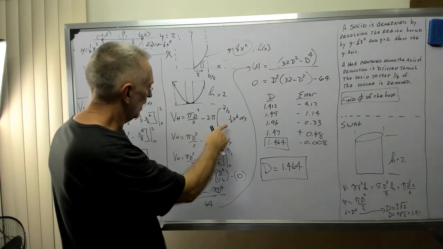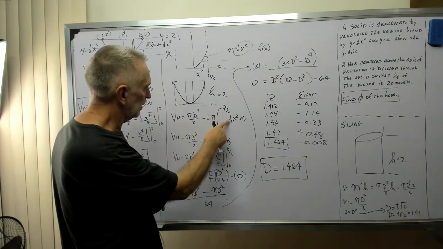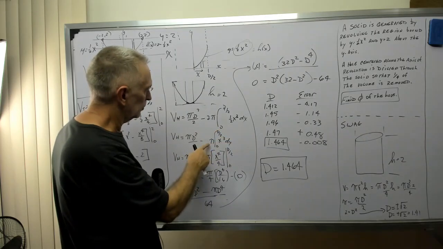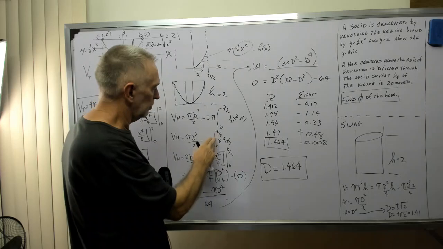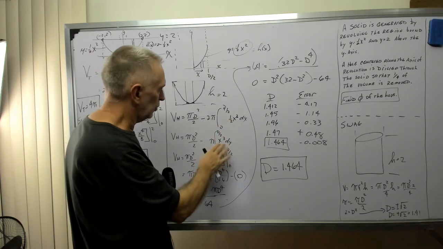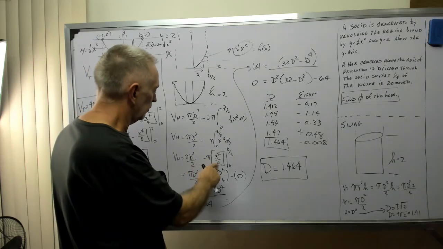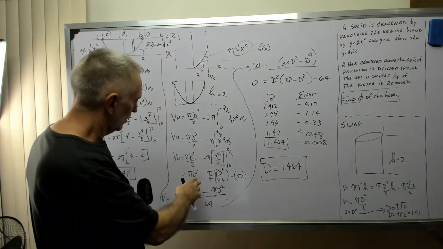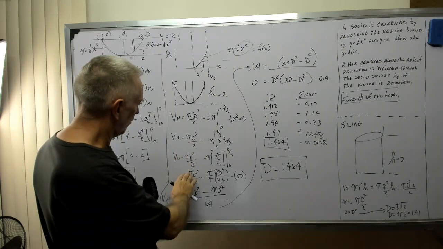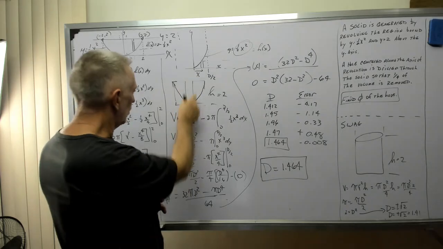Now I can take the 1/2 outside; 2 times 1/2 cancels, it's 1, so pi times the integral from 0 to d over 2 of x cubed dx. That gives me x to the 4th over 4 times pi from 0 to d over 2. And keep in mind, I'm still subtracting this volume from the volume of the total cylinder.